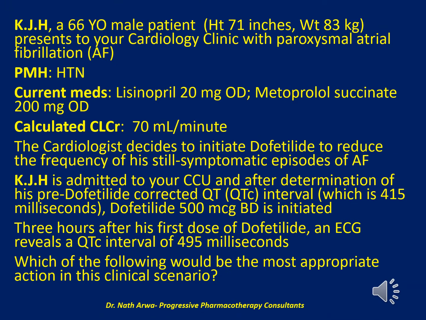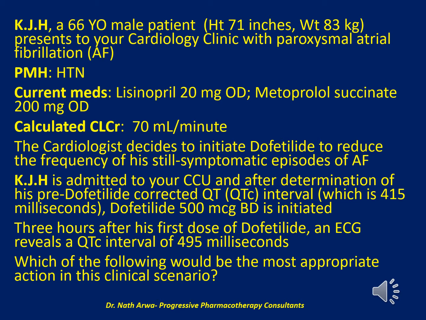And the next question reads, KJH, a 66-year-old male patient whose height is 71 inches, and who weighs 83 kilograms, presents to your cardiology clinic with paroxysmal atrial fibrillation. He has a past medical history significant for hypertension.